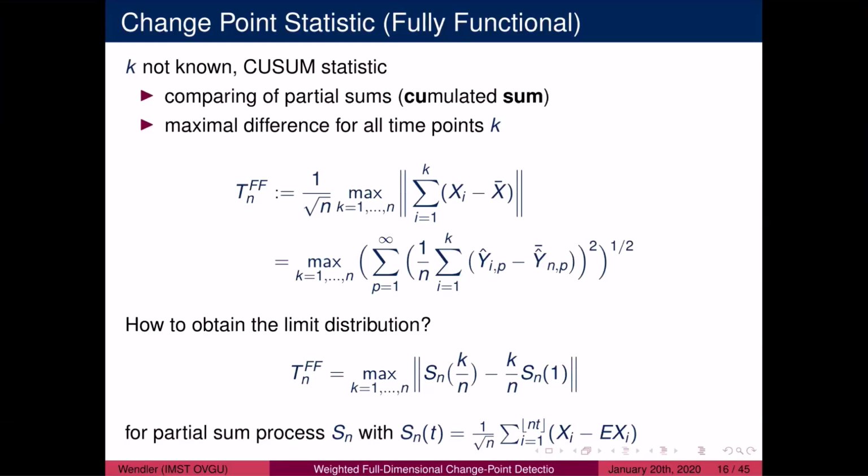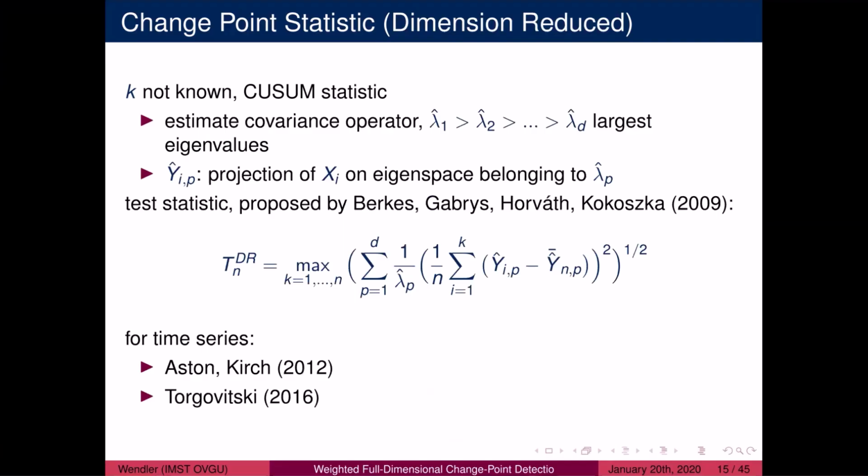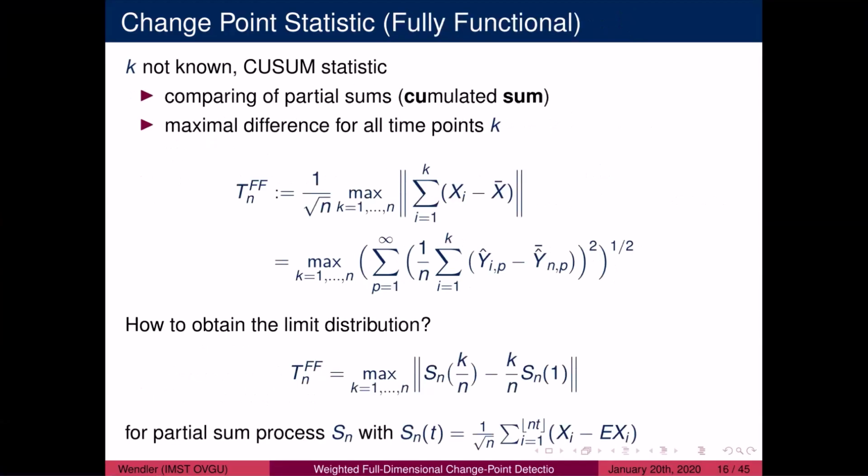That means that the variances of these things decrease, and that means that we can sum up all the way to infinity, and the sum will converge. Before we couldn't do this, because these things all have the same variance. So if you would sum up to infinity, the variance would explode. Then we take the maximum over all times. So the only difference is that here you sum up to infinity, but you don't divide by the eigenvalues.